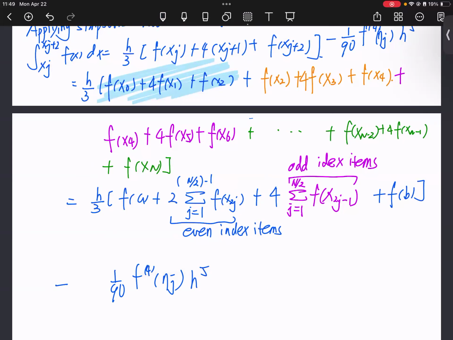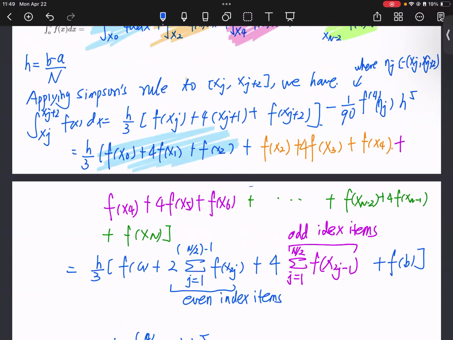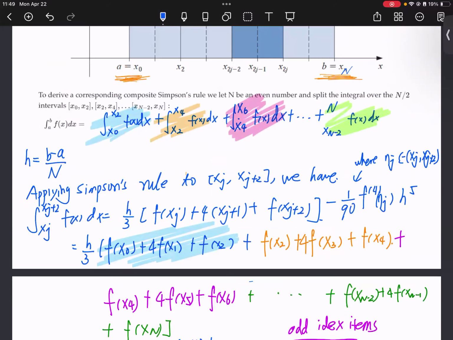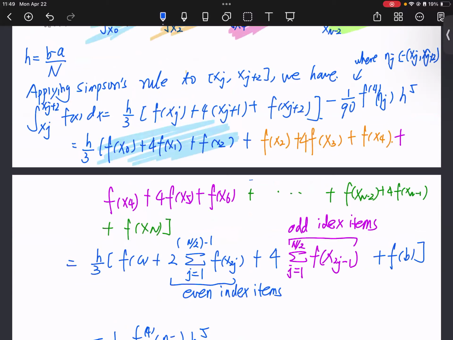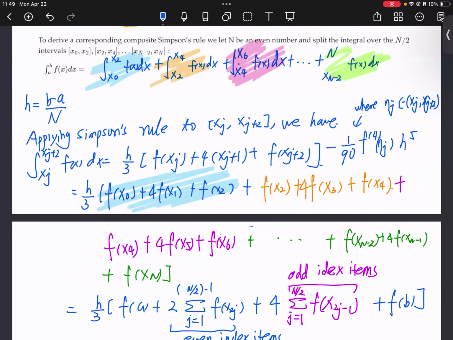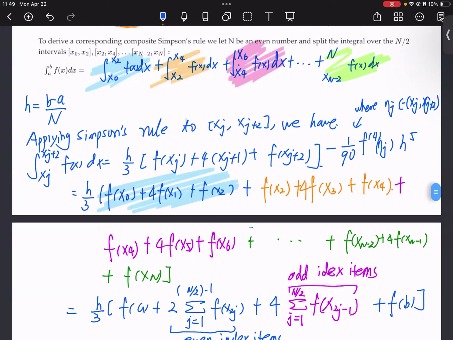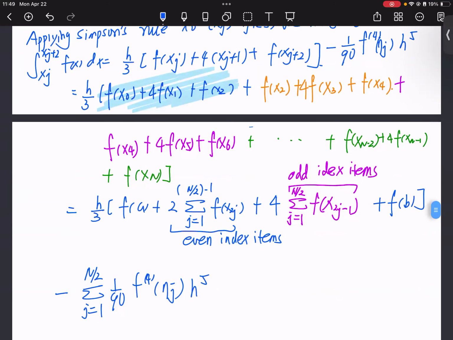We have the sum, j equals 1 to n divided by 2, right? Yes, we have n divided by 2 intervals. So we have n divided by 2 errors.